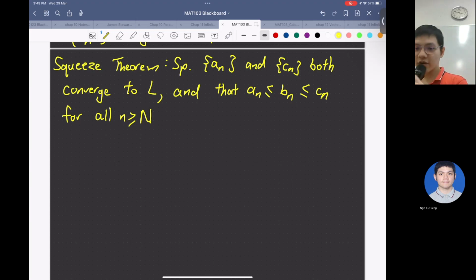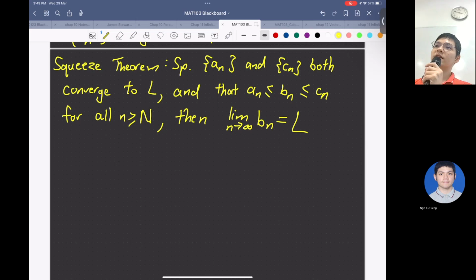So by this theorem, the limit of b_n is also L. It's equal to the limit that a_n and c_n have. So pictorially, you should have this.